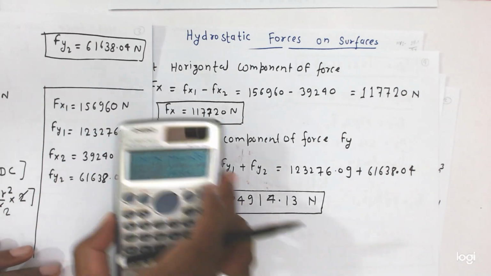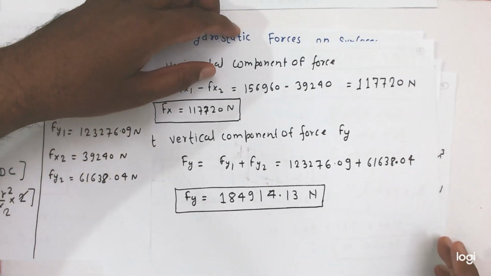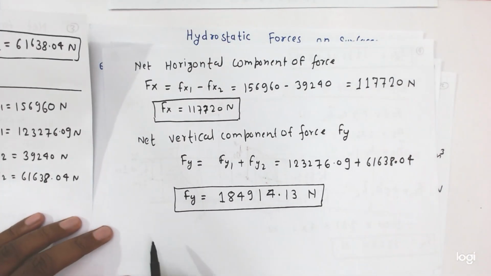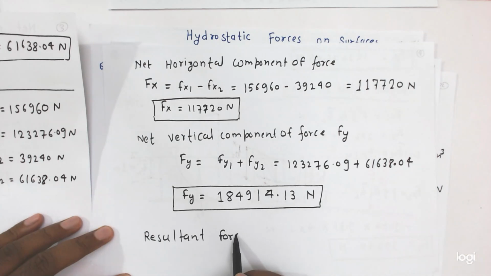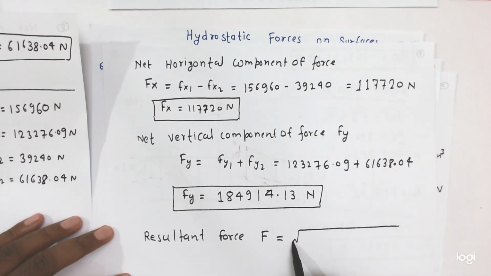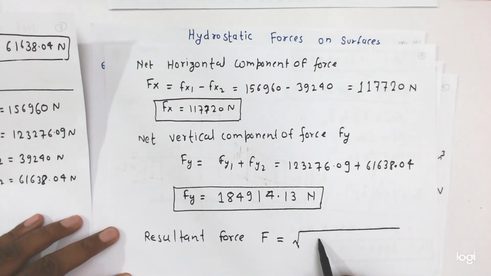Now we know that friends, what is the resultant force? The resultant force F equal to under root net horizontal force Fx whole square plus net vertical component of force Fy whole square.